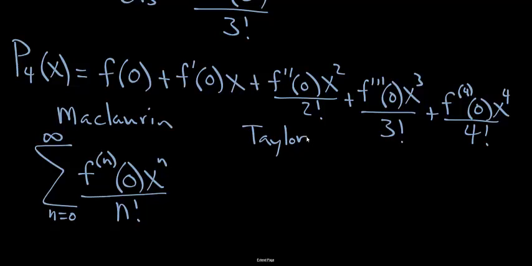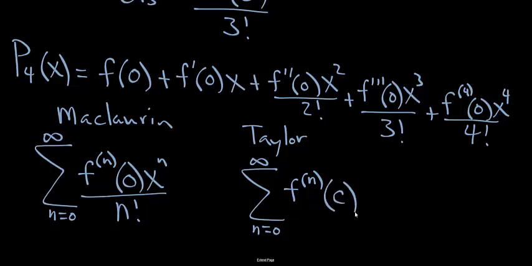If we want to expand about something else, it's just a shift. Everything would look the same, except we would have a c in there, and this would be x minus c to the n over n factorial. See, everything looks the same, so this is when we're expanding about c. That's the difference.